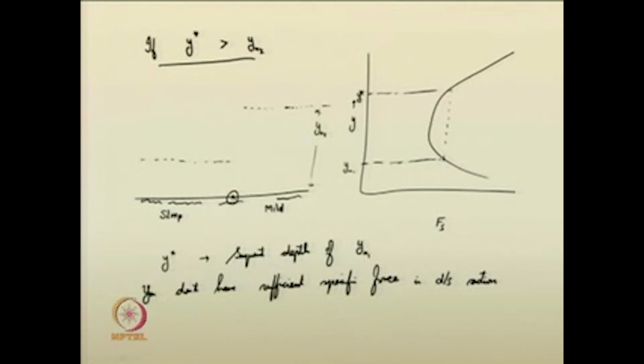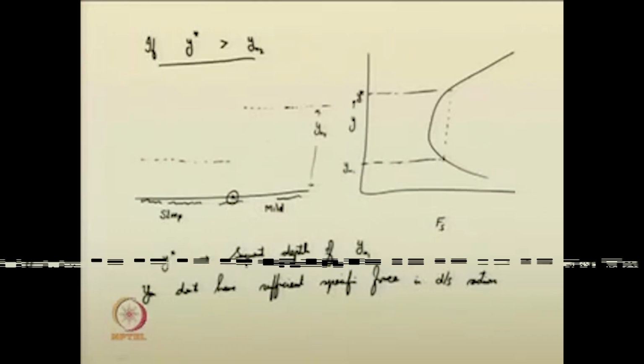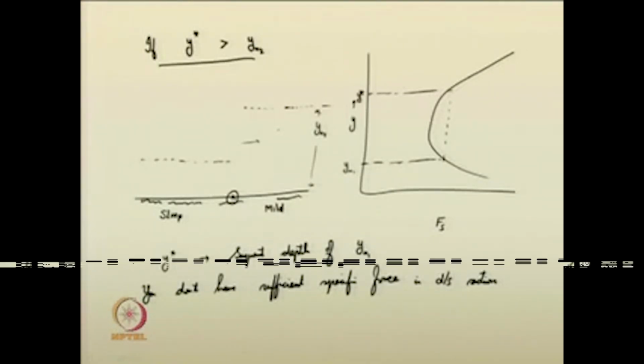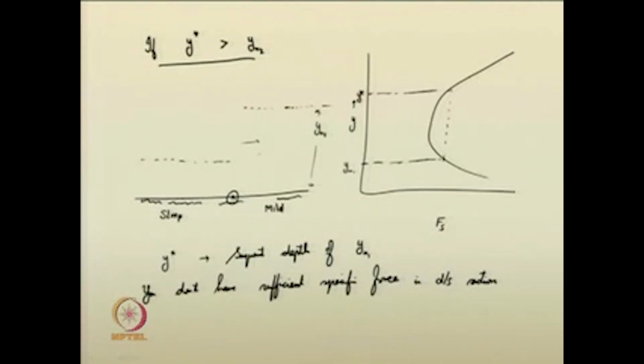So how will the hydraulic jump be formed then? The hydraulic jump will be formed in such a way that it will realign the flow. First, the hydraulic jump is now pushed into the downstream section. Here it will be pushed like this, and the jump will occur.